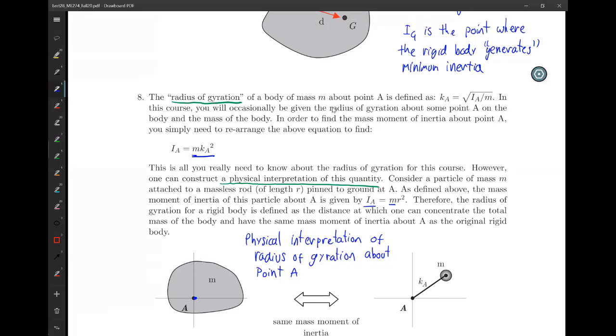So in a way, it's like concentrating all the mass at a distance Ka from the point you're taking moments and putting all the mass of your rigid body here.